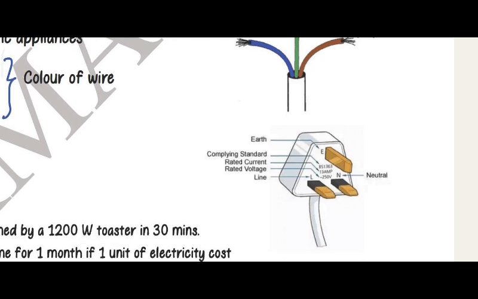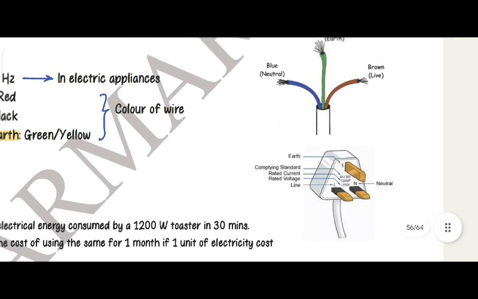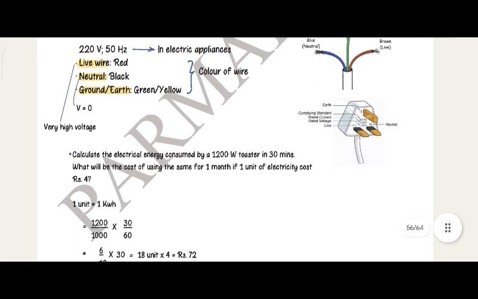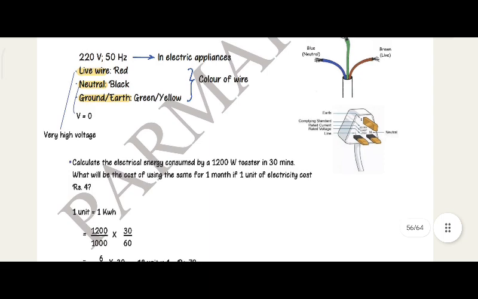Earth. Complying standard, rated current, rated voltage, line, neutral, live and neutral. These three are the colors of the wire.